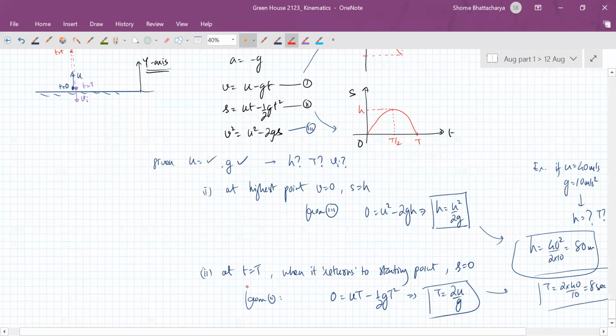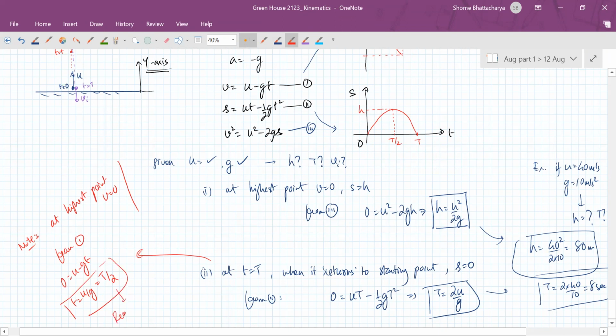Now one more interesting thing you can see from this is that at the highest point, v is 0. Okay. So from equation 1, the time is u by g. So that is actually equal to capital T by 2.